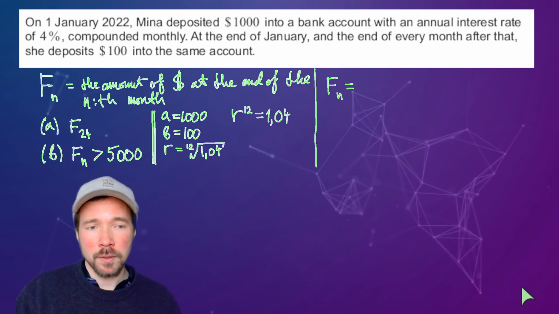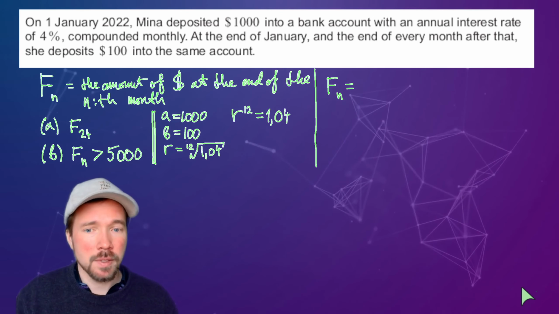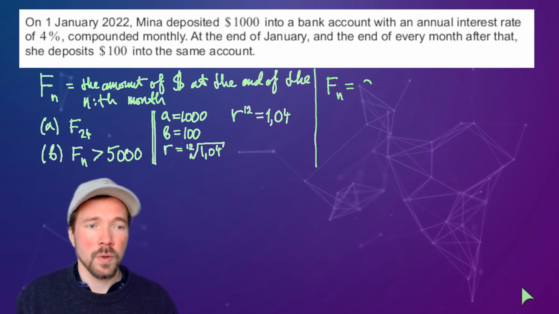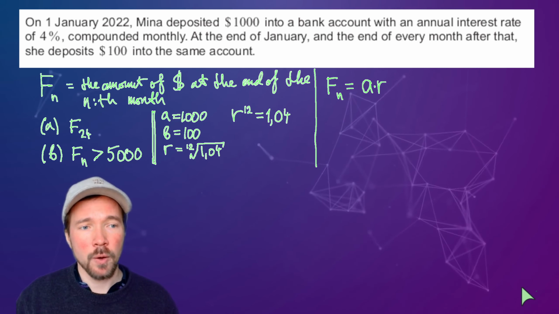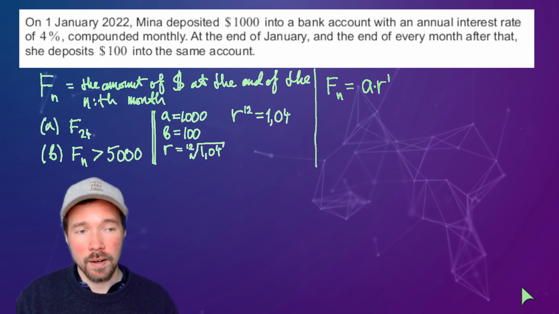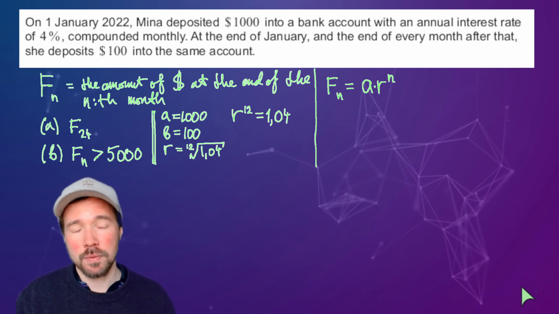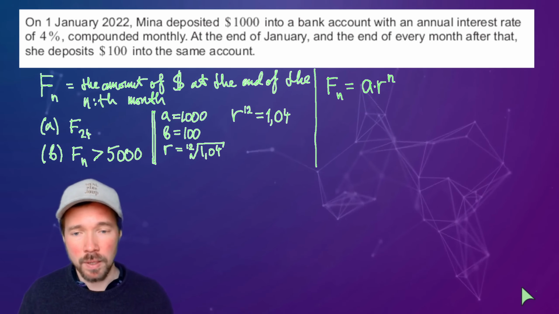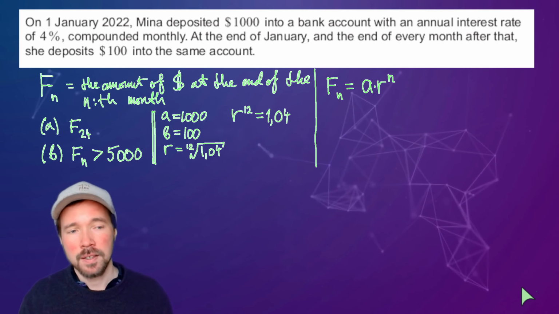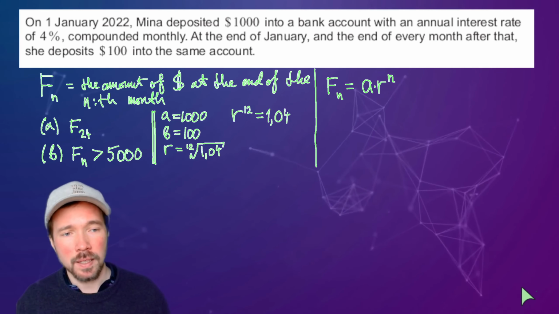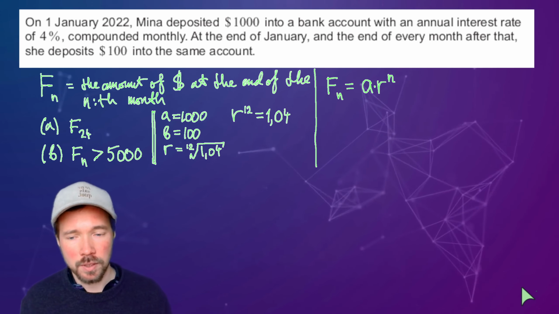It has compounded n times. So A times R to power n. After the first month, it's been multiplied by 1 point whatever the monthly rate. After 2 months, it's multiplied 2 times, so it's power 2, and so on and so forth.